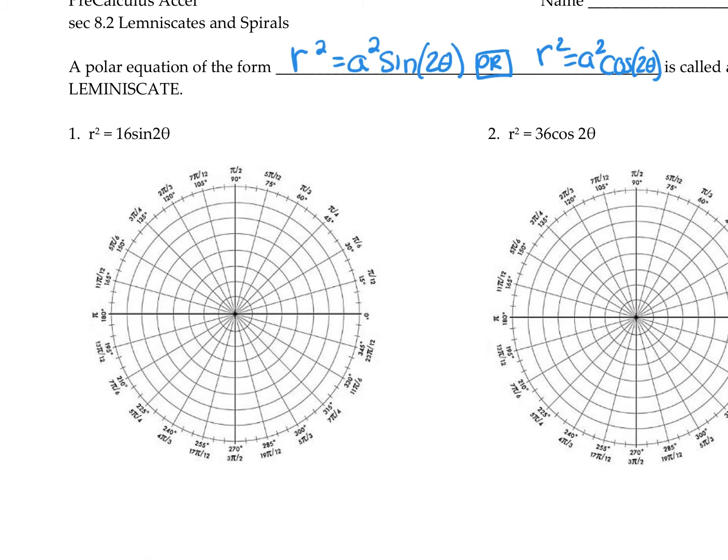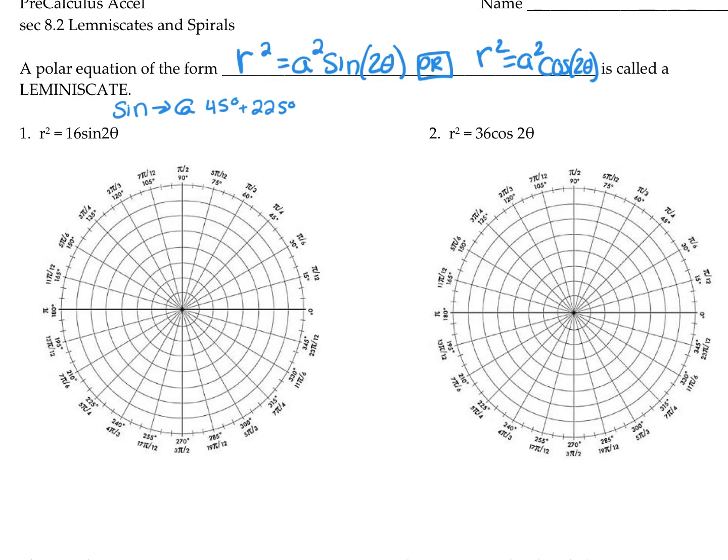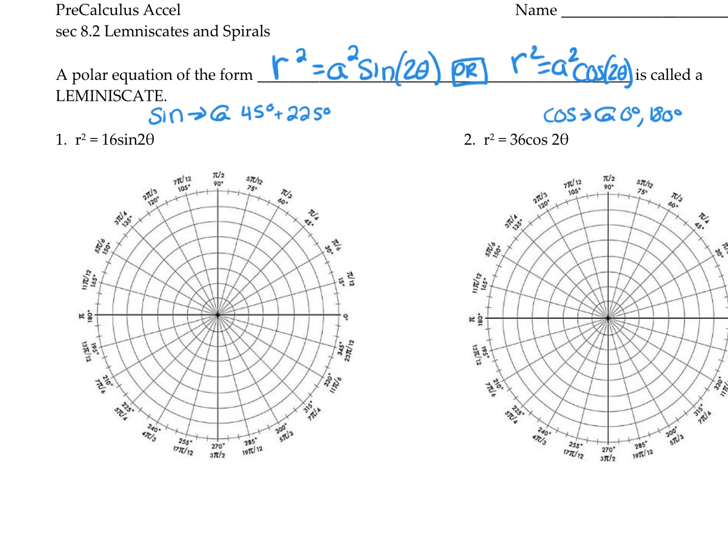So when I'm looking at this first one, I want to remember that anytime I have sine, that's going to have my two loops at 45 degrees and at 225 degrees, versus this cosine, their loops are always going to be at 0 degrees and 180 degrees.